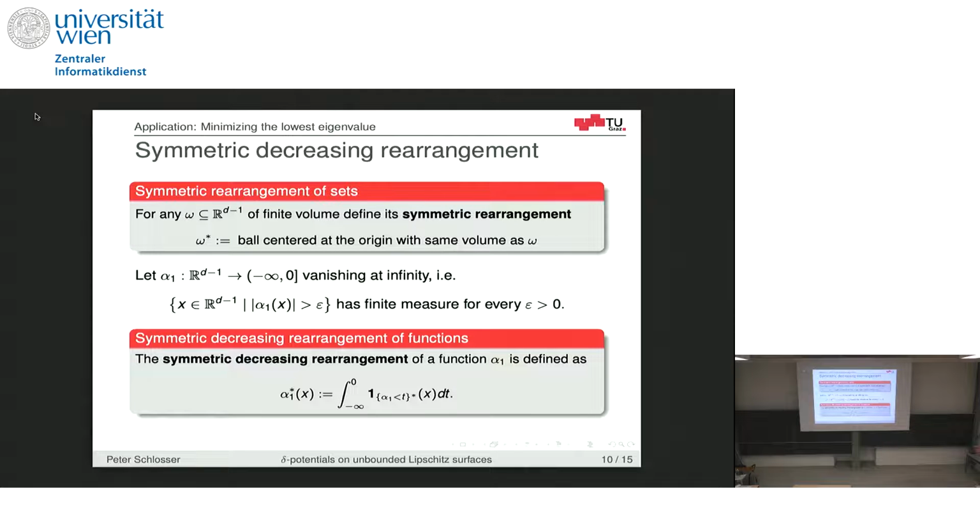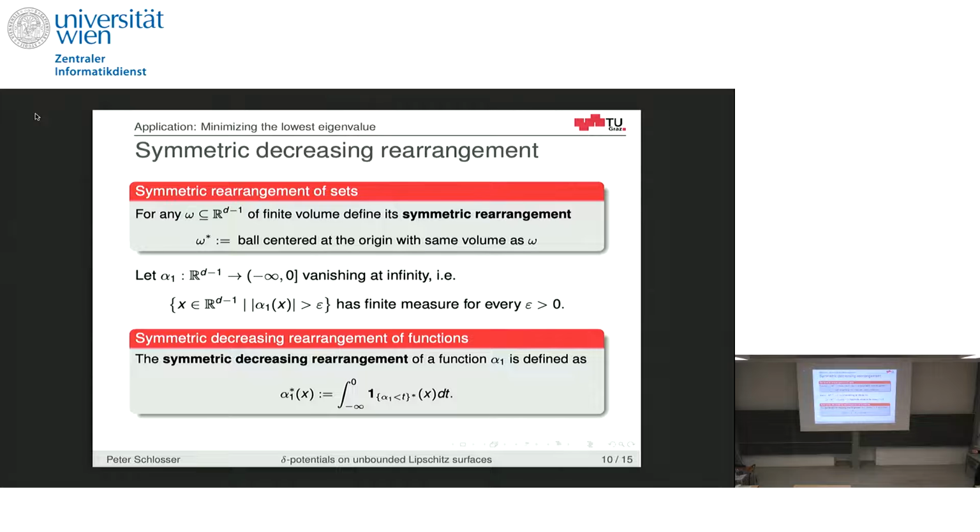First of all, we need the function to be negative, because otherwise we run into trouble in how to rearrange the values. Secondly, we have to assume this property here, which should look familiar from the first part of the talk, where we proved the stability of the essential spectrum. All these sets have to have finite measure, which is a necessary assumption to rearrange all our level sets.